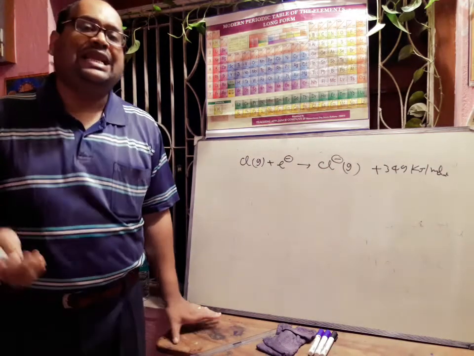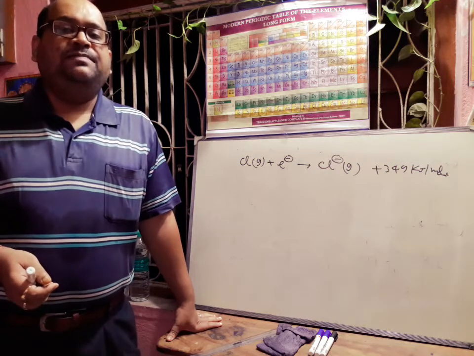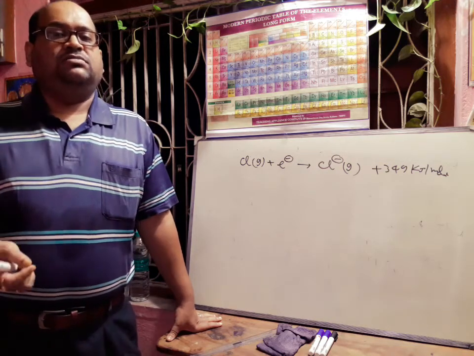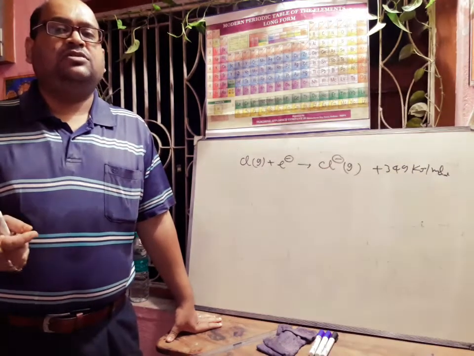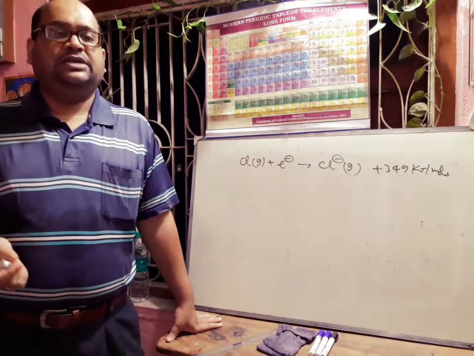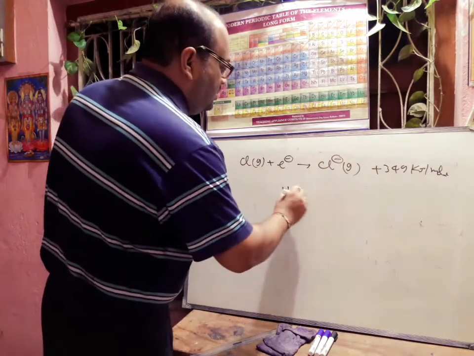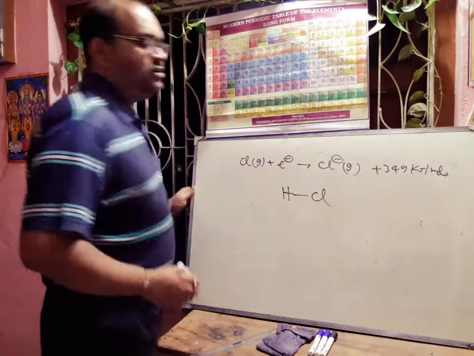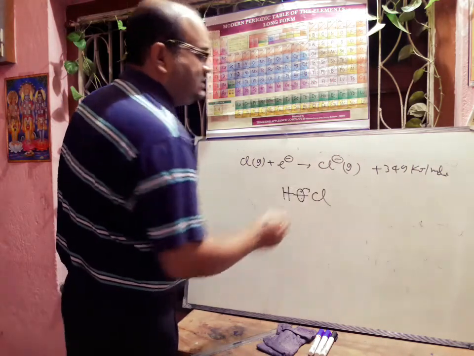Next we will discuss another property, that is electronegativity. The relative tendency of an atom in a molecule to attract the shared pair or bonded pair of electrons towards itself is known as electronegativity. If we consider the HCl molecule, chlorine is more electronegative, so it will attract the bonding pair of electrons towards itself.